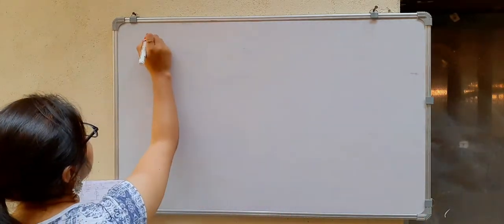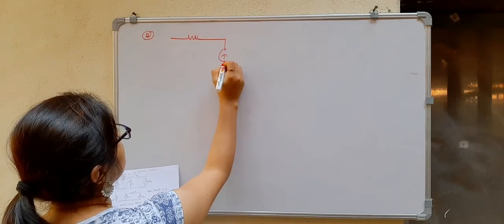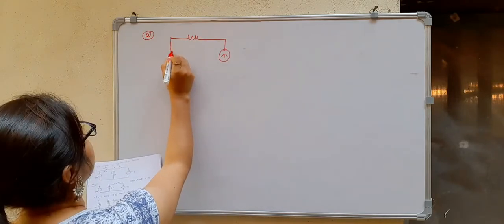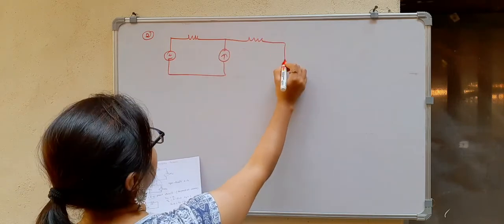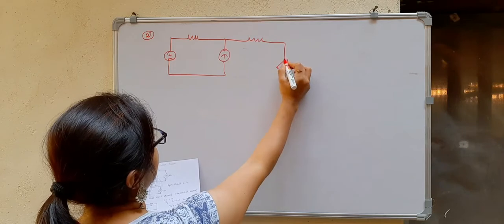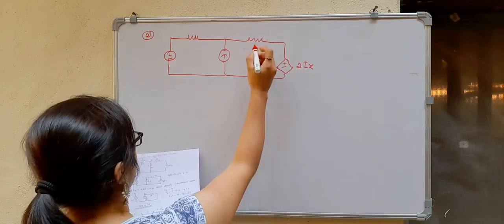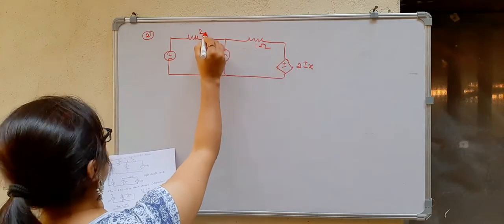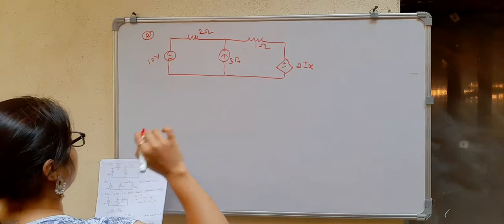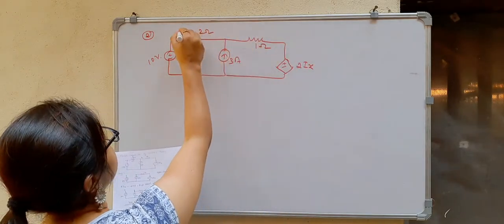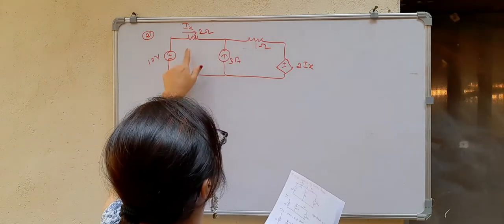So now the second one is, this network consists of both dependent and independent sources. So obtain the current Ix. This is the current Ix they have given. So now we have to find the current Ix.